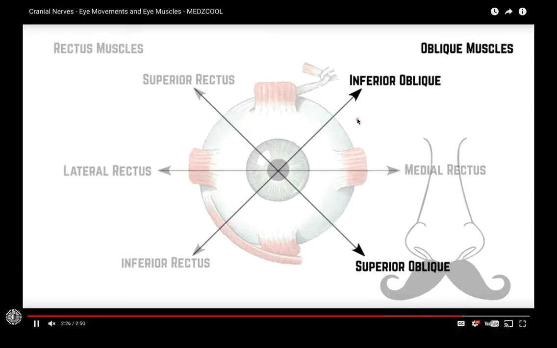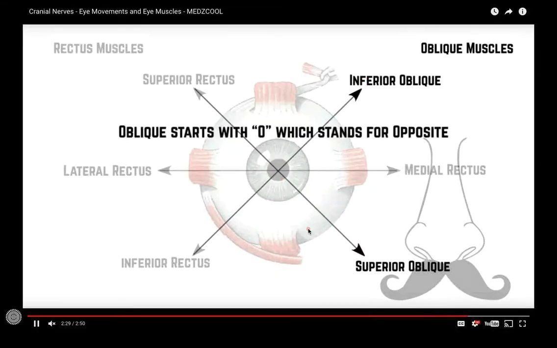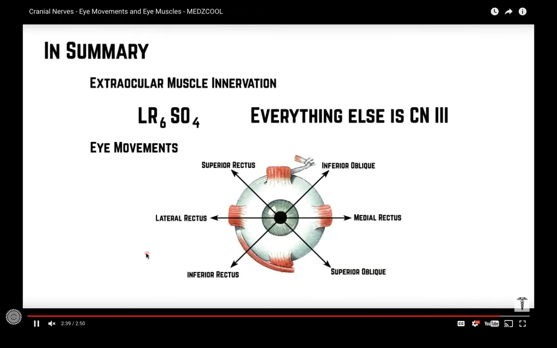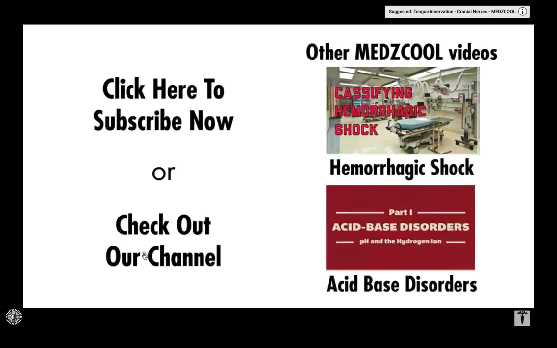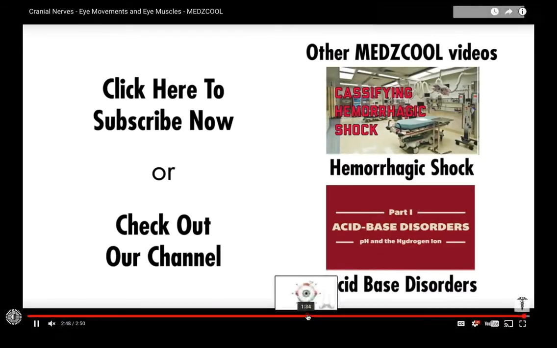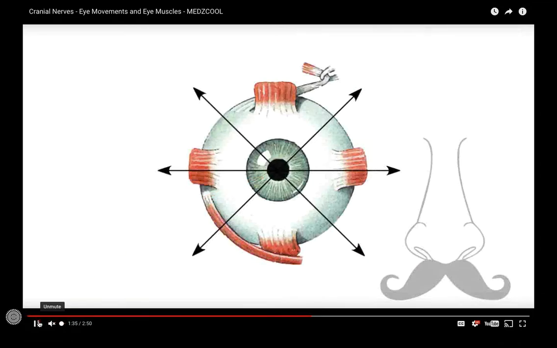And the obliques are a bit reversed, and you're going to see why in a moment. You would think that the superior oblique might elevate the eye, but it's a depressor, and it also moves the eye towards the nose. And so if you see tonic deviation of these muscles, you're dealing with an overactive muscle.